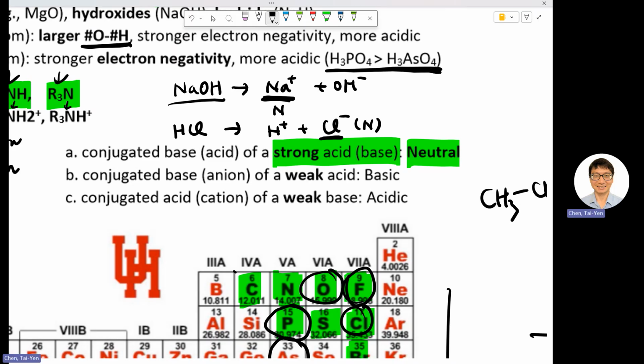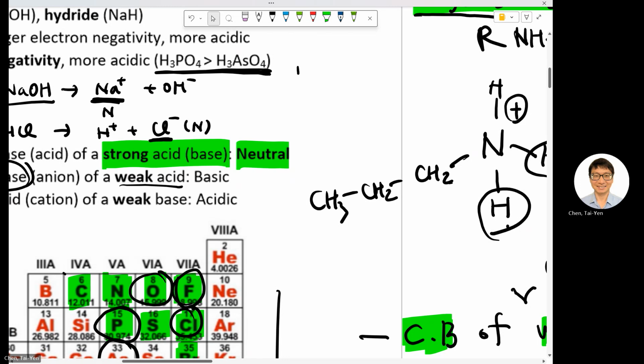Second, the conjugate base of a weak acid, since it's a base, will become basic. For example, HCOOH.